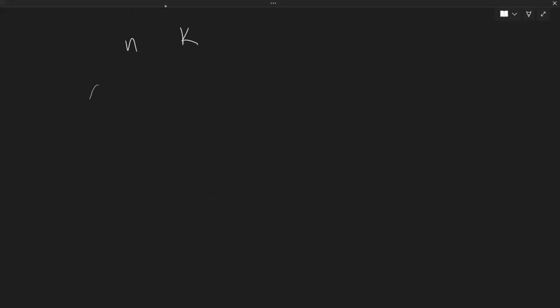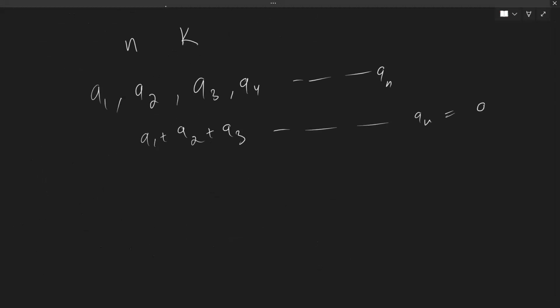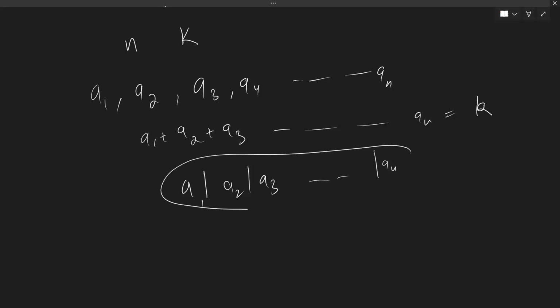Now we have to come up with n values such that the sum of these values, a1 plus a2 plus a3 all the way up till an, is equal to k. And the OR of a1, a2, a3 all the way up till an has the maximum number of set bits.